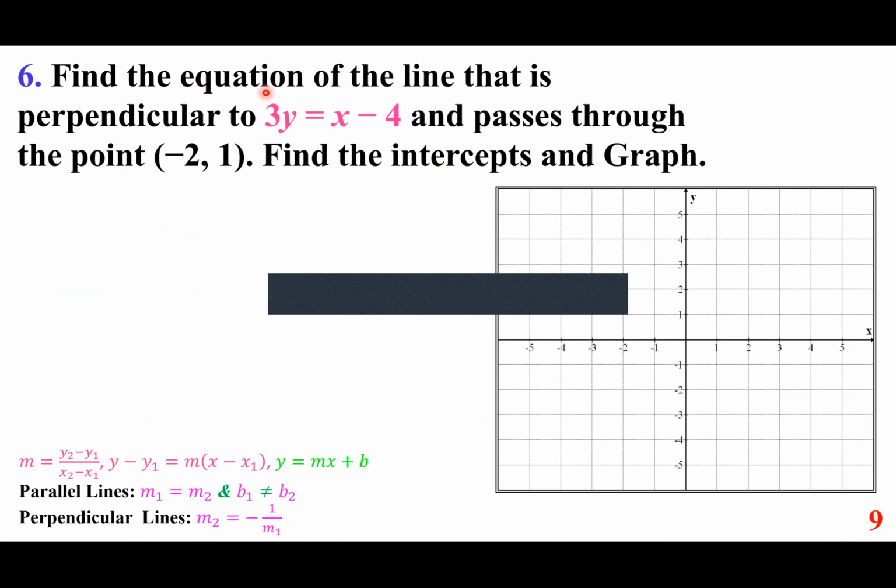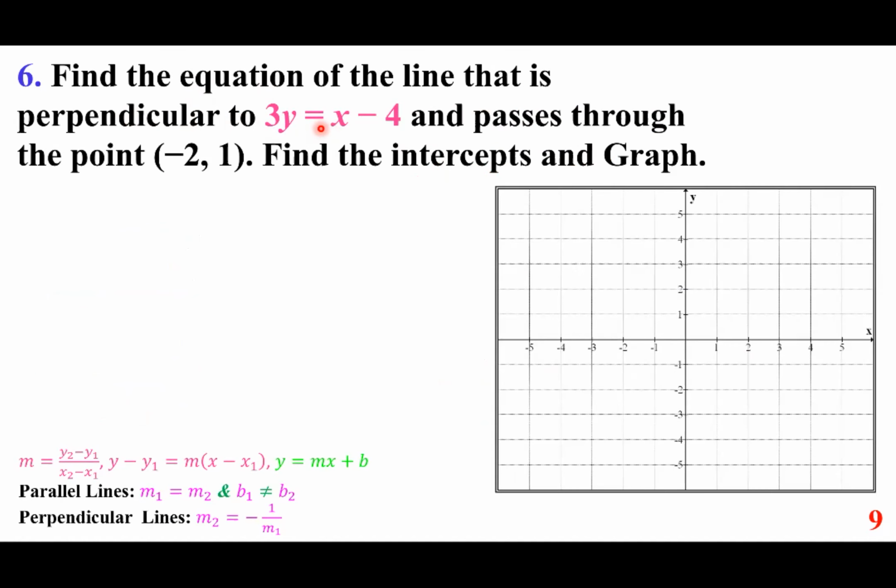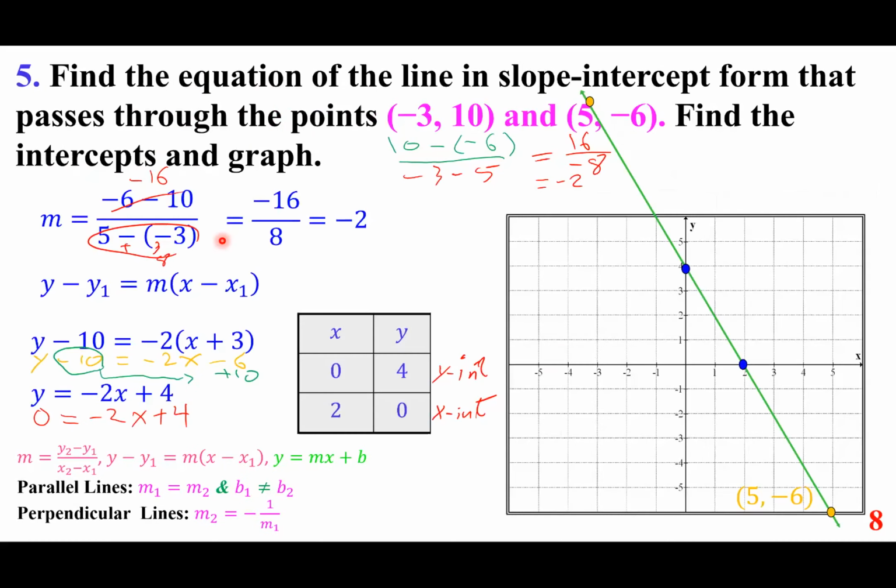We want to find the equation of a line that is perpendicular to 3y equals x minus 4, to this line, and passes through this pair, minus 2, 1. Now, before we go there, let me just explain something about the previous page, by the way. Class, remember we used this pair.